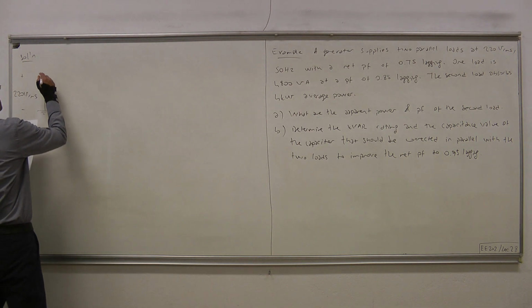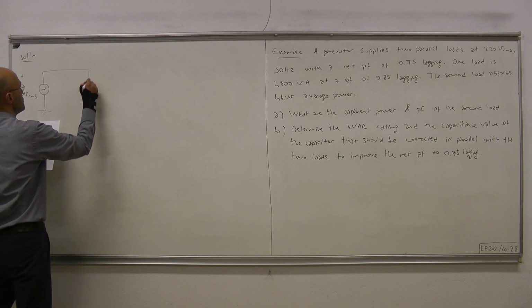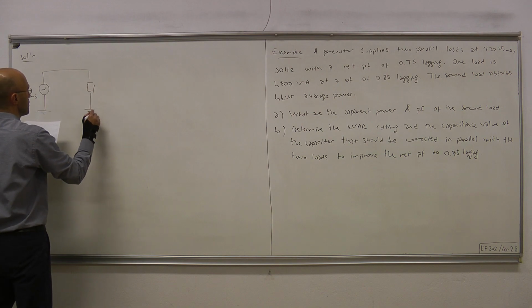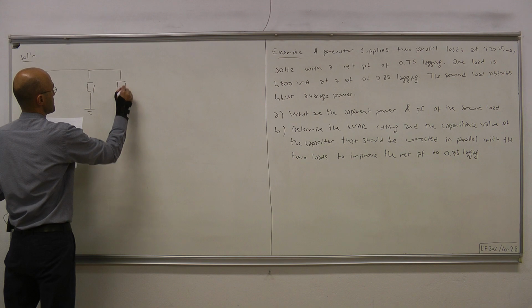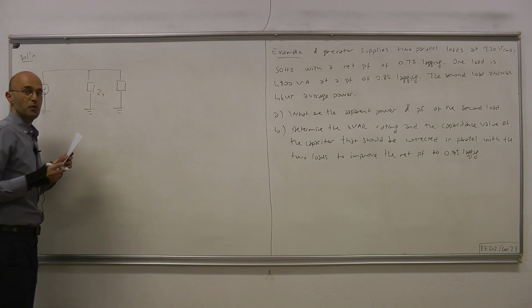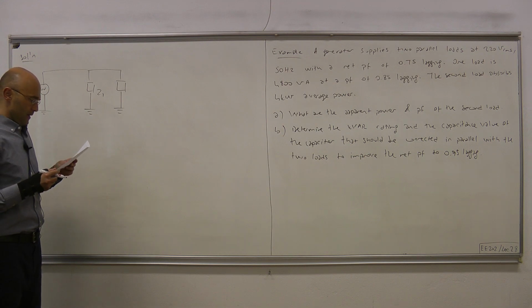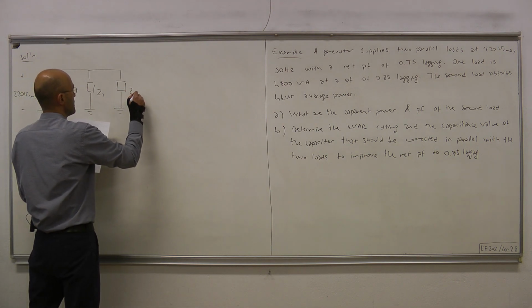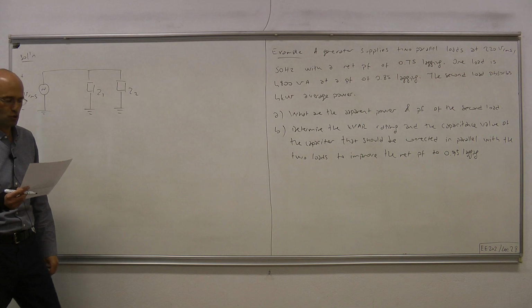Okay, now this generator is connected to two customers, let's say, or two loads. Suppose that the first one is Z1, the second impedance is Z2.